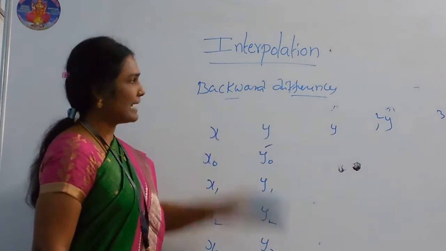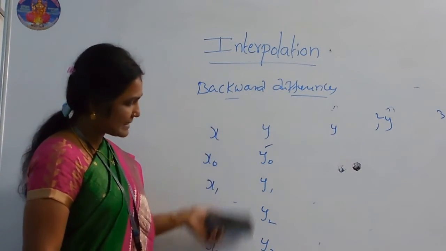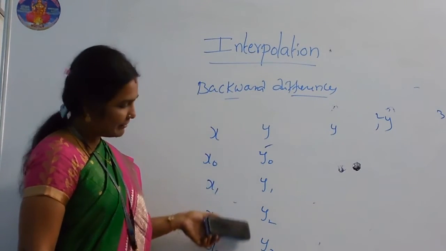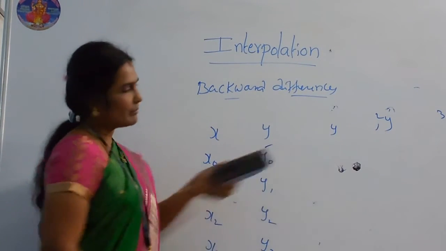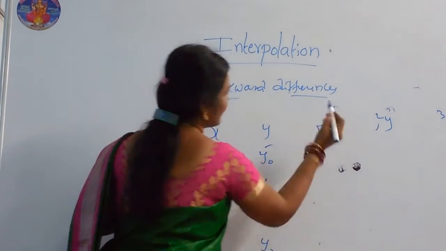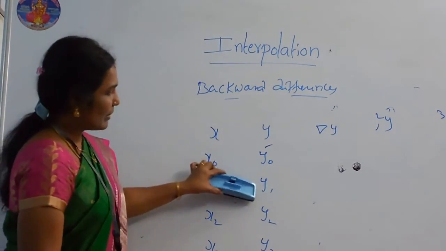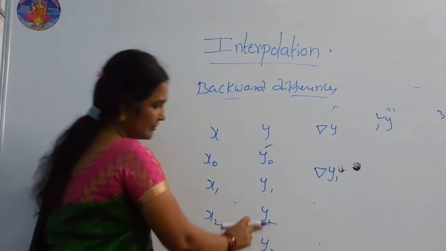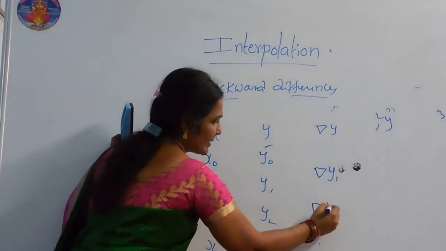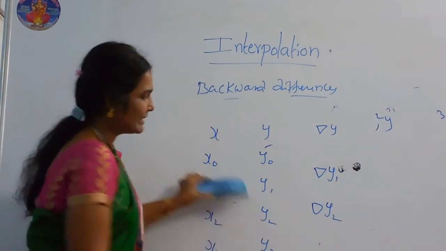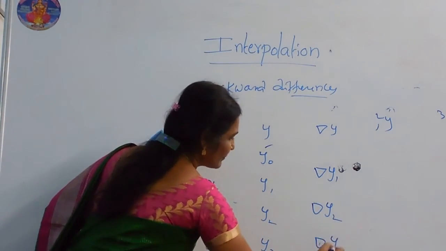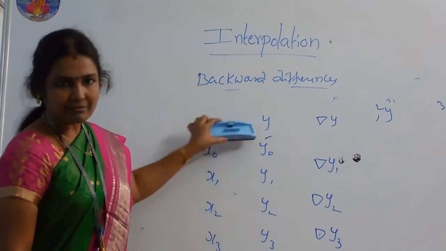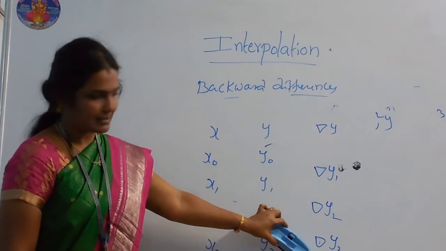And again first backward differences are formed by these table values only. So the differences of y0, y1, y2, y3 form the first backward differences. So y1 minus y0 is nabla y1, y2 minus y1 is nabla y2, y3 minus y2 is nabla y3. So like this we can form the first backward differences.